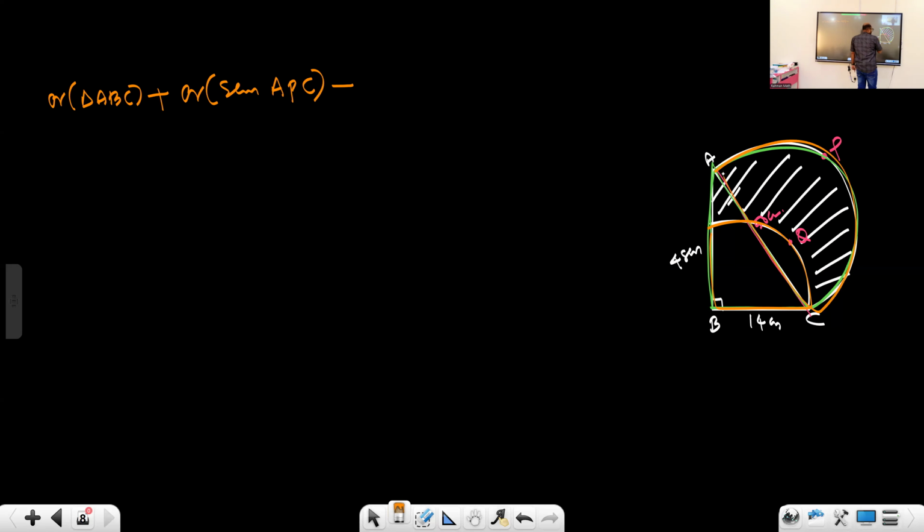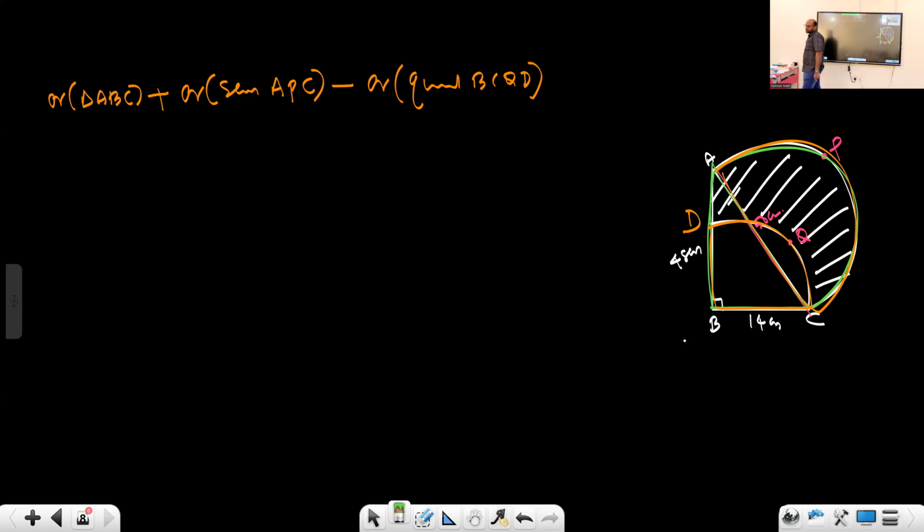From their quadrant, here one more letter, BCQ, here one letter I added D. Minus area of quadrant BCQD.